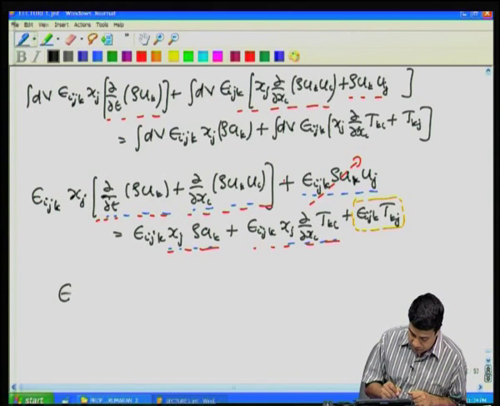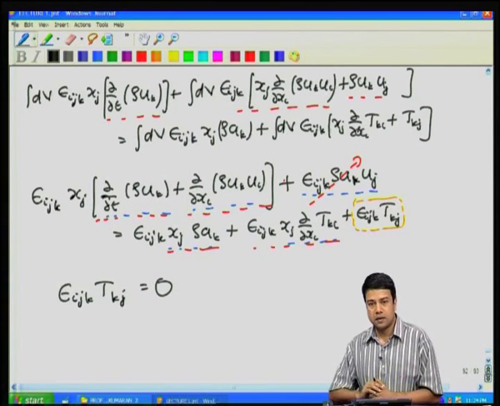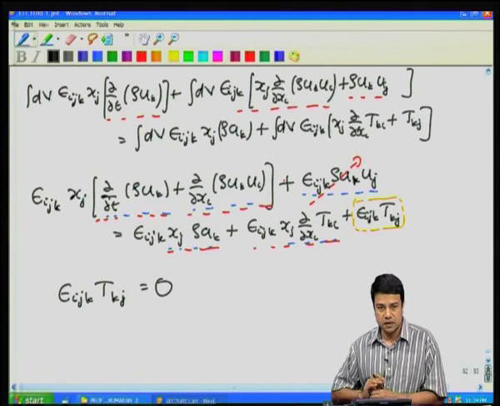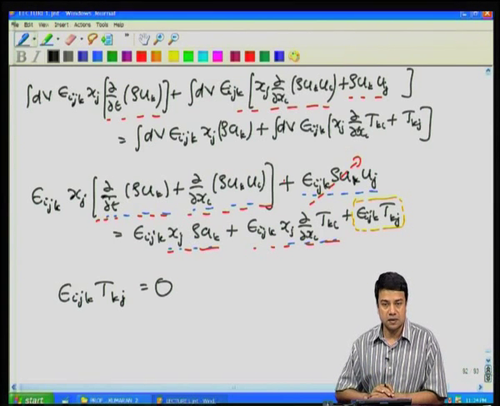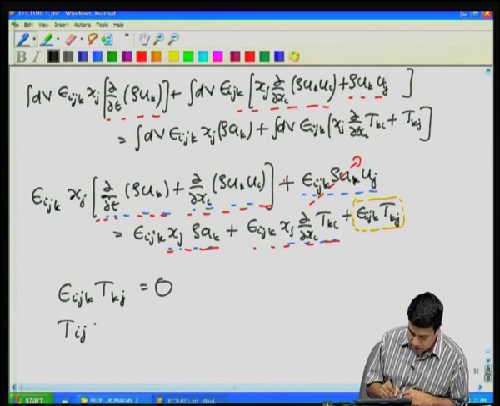So, I require that epsilon_ijk T_kj is equal to 0, for angular momentum to be conserved, and that has an important implication. Epsilon is an antisymmetric tensor, that double dotted with T has to be equal to 0. That means that T, the stress tensor, is a symmetric tensor in order to satisfy angular momentum conservation. Okay. That means that T_ij is equal to T_ji. Okay. It is a symmetric tensor.